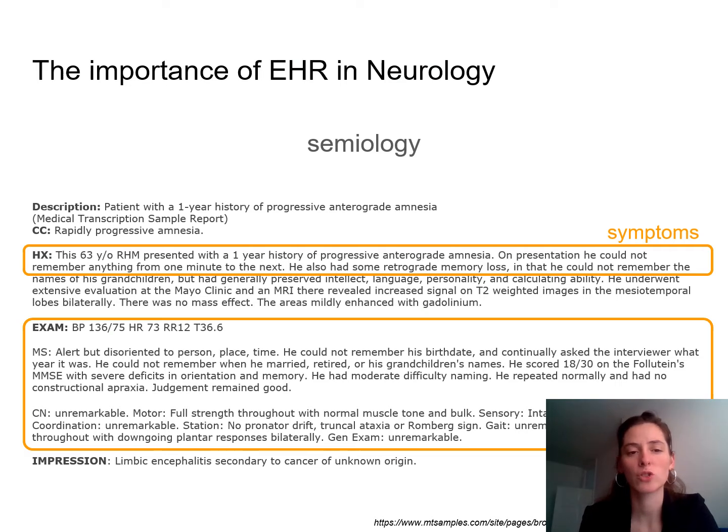First of all, I want to stress the importance of electronic health records in neurology. The semiology is the core of the diagnostic process. This is what the patient tells you, the symptoms, and what you see when you examine the patient, the signs.